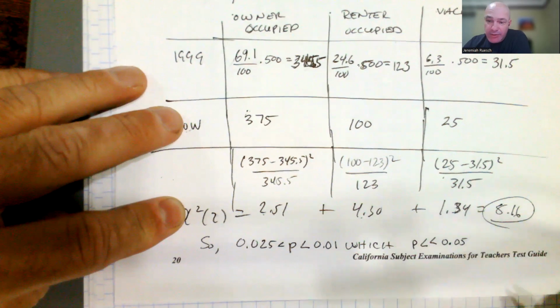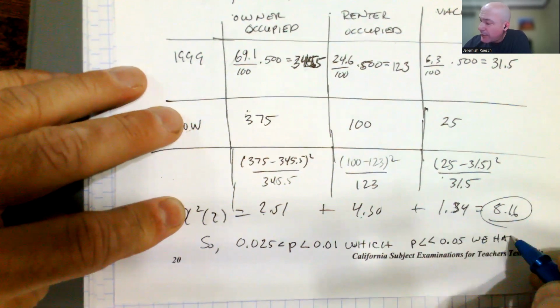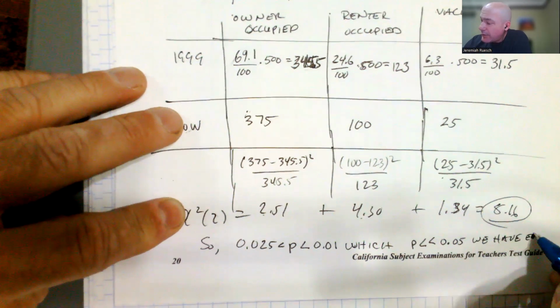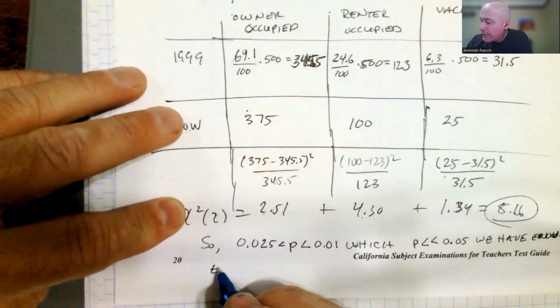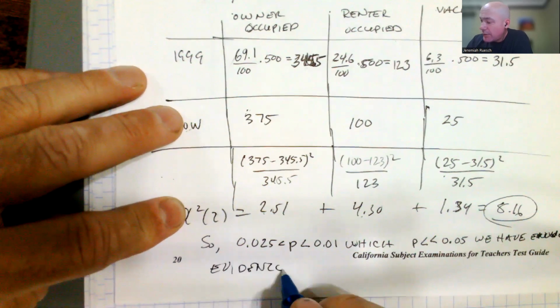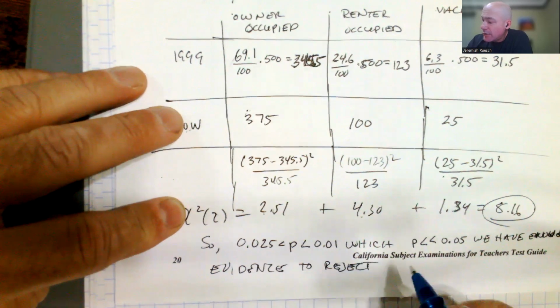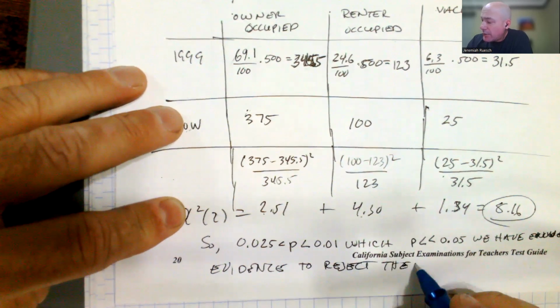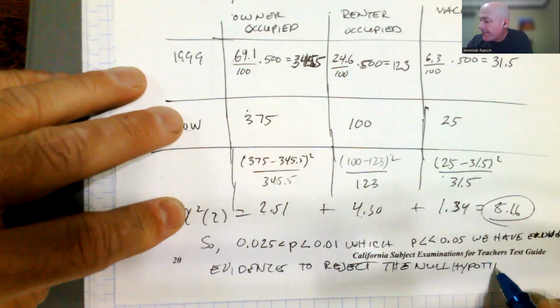The double less-than sign means it's much less than 0.05. We have enough evidence to reject the null hypothesis.